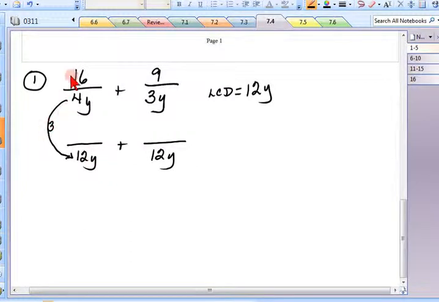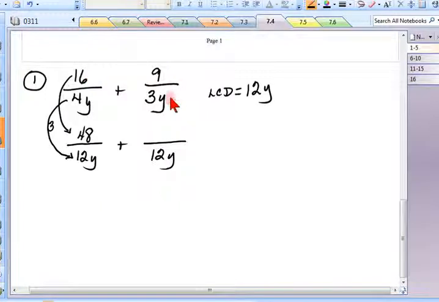So if the bottom was multiplied by 3, then the top must be multiplied by 3. What is 3 times 16? 48. So I take old, compare it to new, find the missing factor, and multiply it times the top.